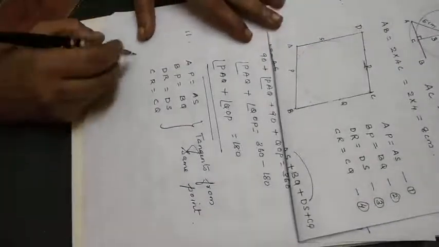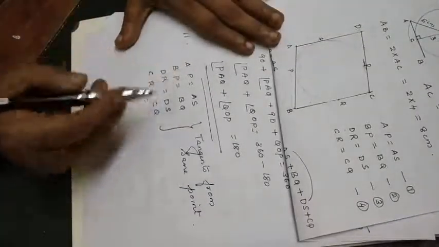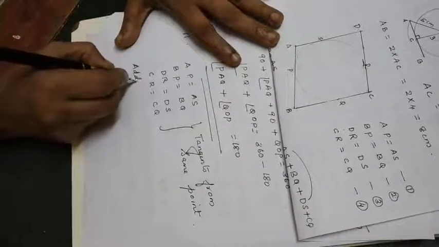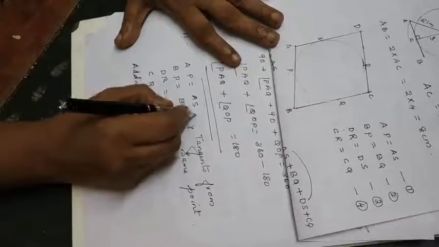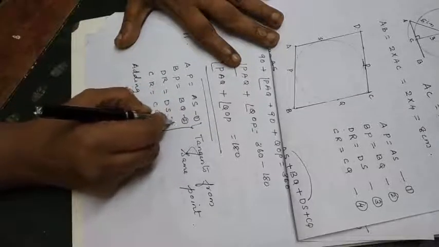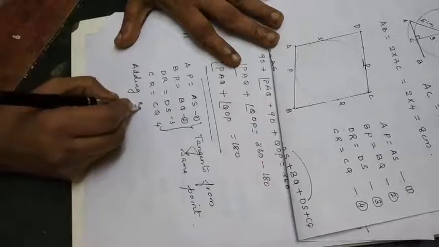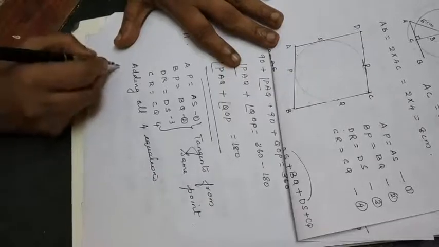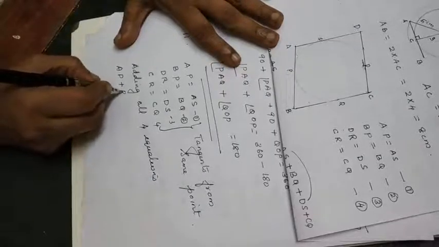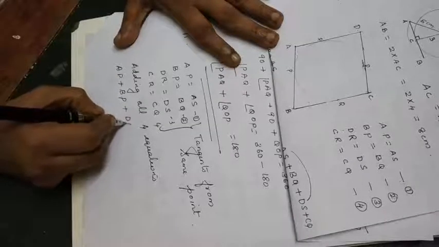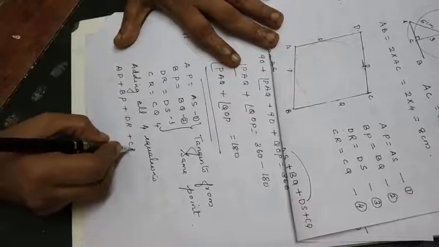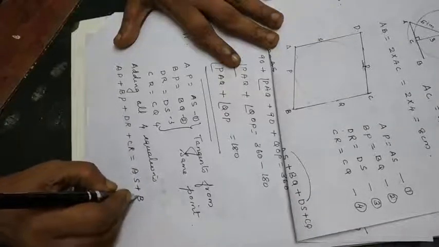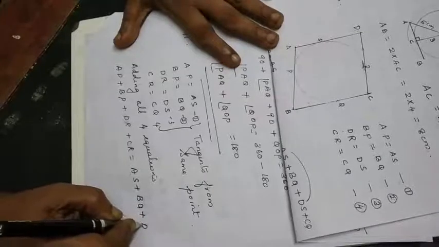Okay. Now what is given? So you are adding all four equations. Let us mark these 1, 2, 3, 4. Adding all four equations, what will you get? AP plus BP plus DR plus CR is equal to AS plus BQ plus DS plus CQ.